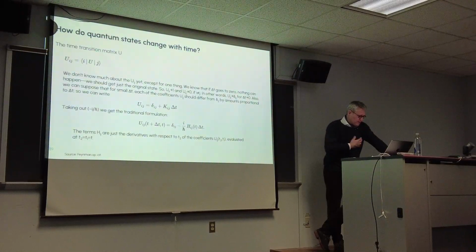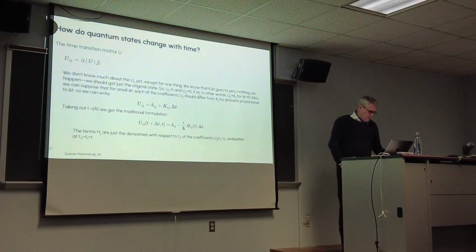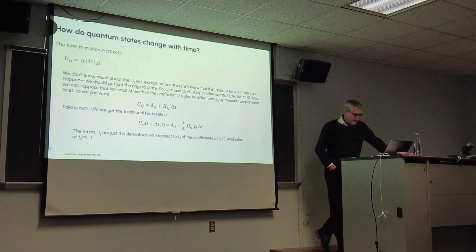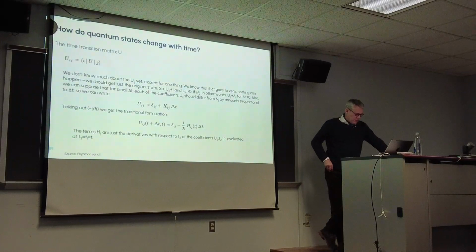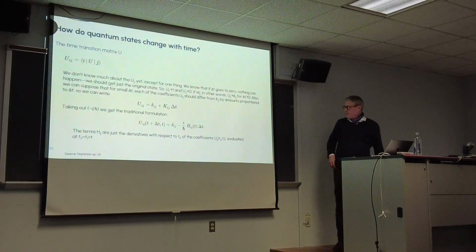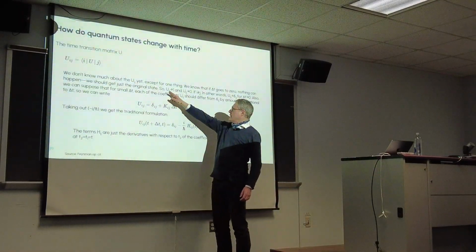Okay, now let's see what this time transition matrix U looks like. So far we don't know much about this matrix, except for one thing. We know that if delta t goes to 0, nothing can happen. We should just get the original state. That means that's U_ii, right?